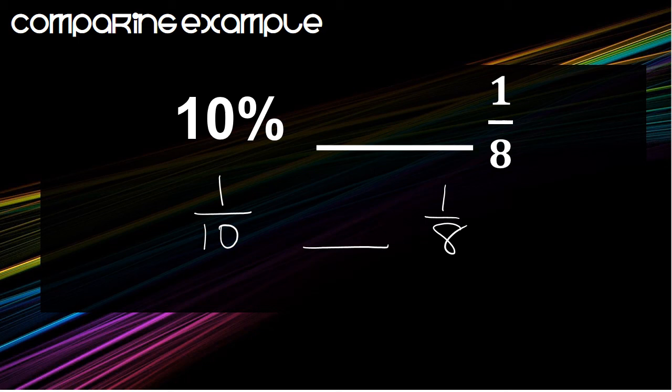And so for me, I'm going to compare the denominators. And I know that when I have pizza, if I cut my pizza into 8 equal slices, my slices are bigger than if I cut it into 10 equal slices. So in that case, I can say 1/10 is less than 1/8.